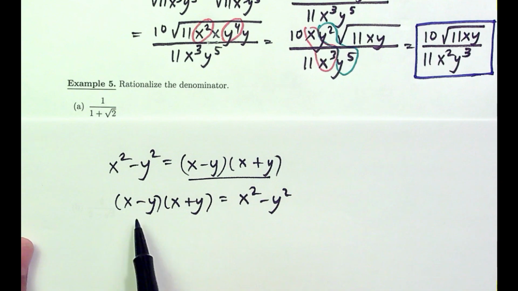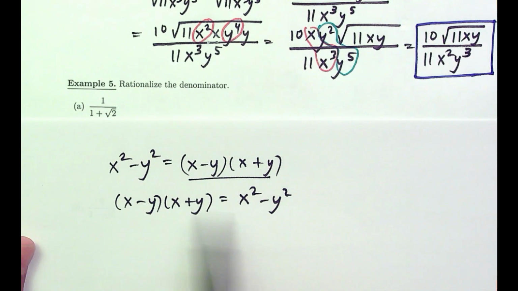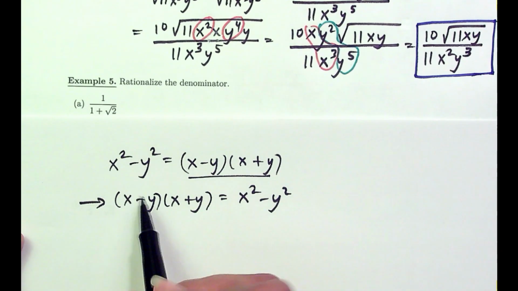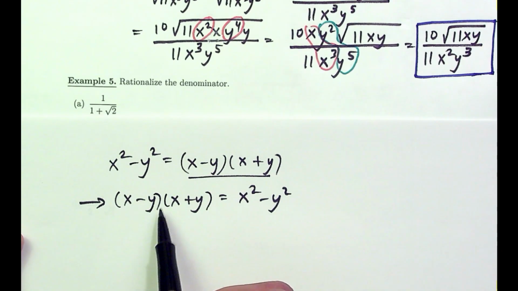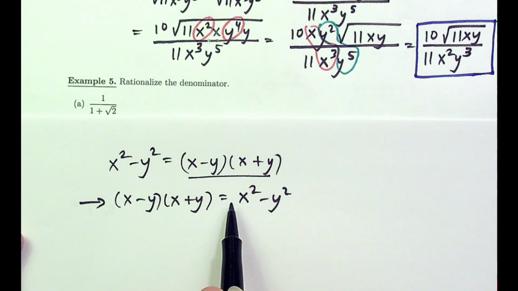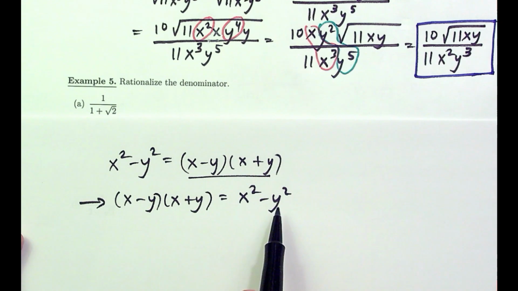All right, so this formula tells me, when I look at it from this point of view, that if I take two terms that are identical except the sign in the middle is different, then I get the first one squared minus the second one squared.